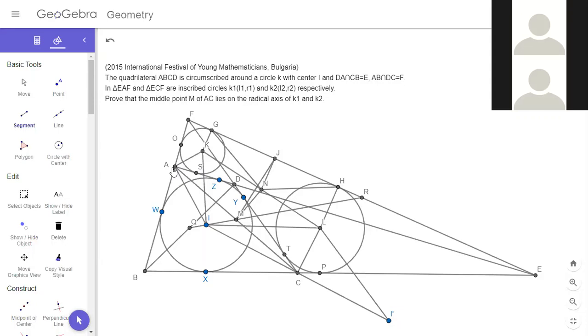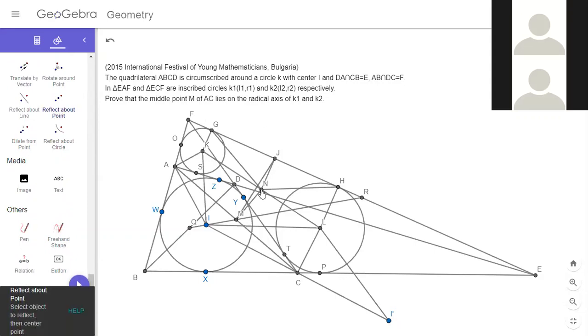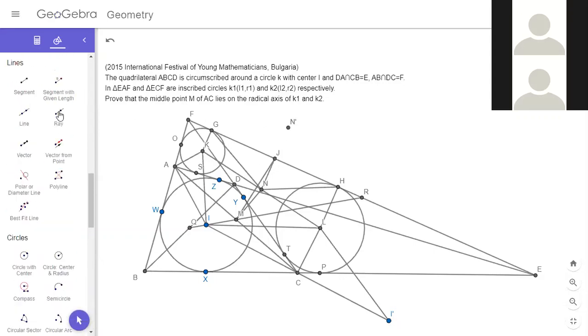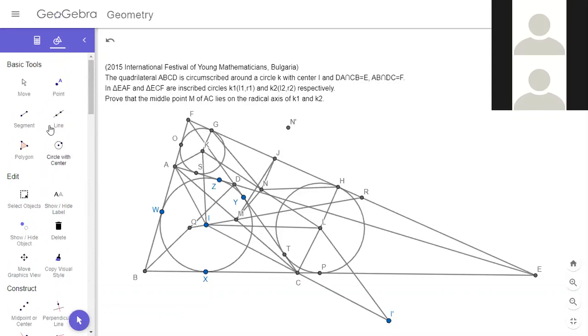I think this might be the gliding principle, because basically, let me reflect N over point J. And then if we know ANC is similar to GN'H, then we could use the gliding principle, but we need the midpoint of AG and the midpoint of HC.